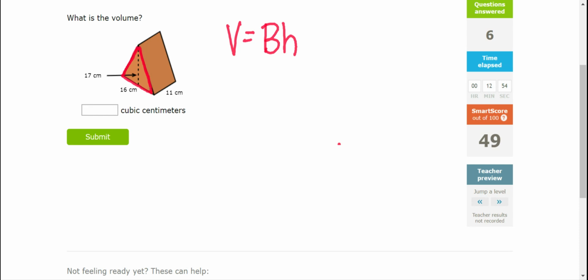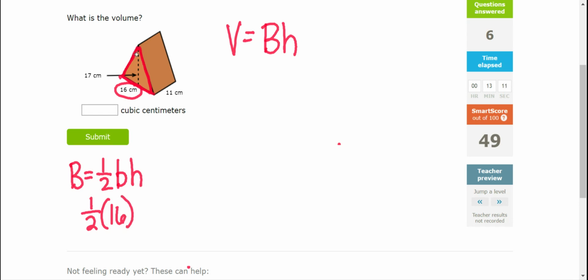So I need to find the area of that triangle that I just outlined. Area of a triangle is 1/2 times base times height. Going to bring down my 1/2. The base of this triangle is 16. The height of this triangle is 17.